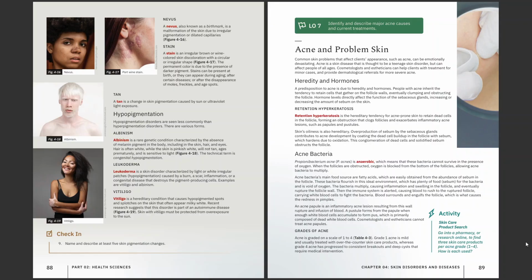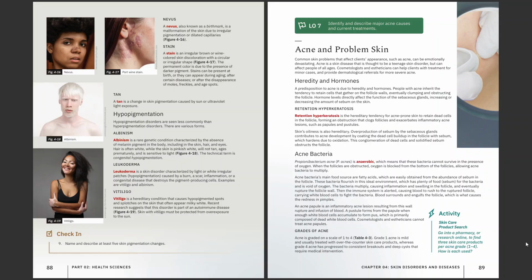Acne bacteria's main food source is fatty acids, which are easily obtained with the abundance of sebum in the follicle. These bacteria flourish in the ideal environment, which has plenty of food, the sebum, and is void of oxygen. The bacteria multiply, causing inflammation and swelling in the follicle, and eventually rupture the follicle wall.